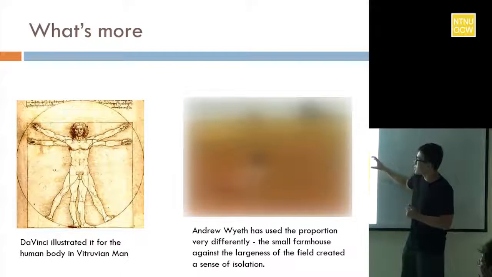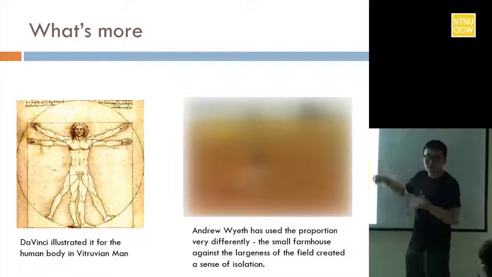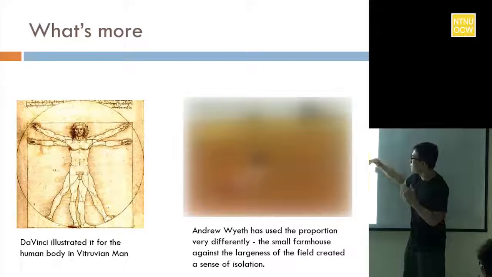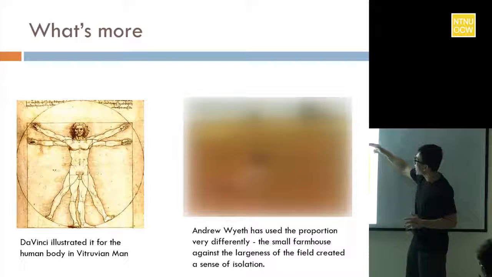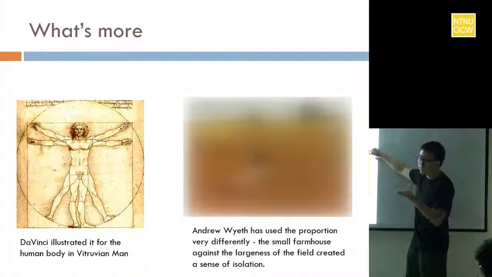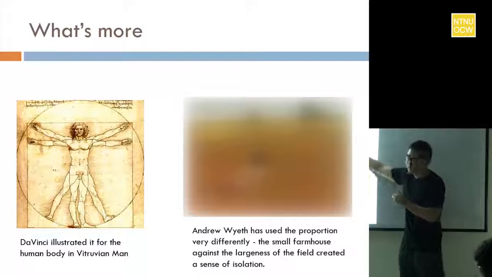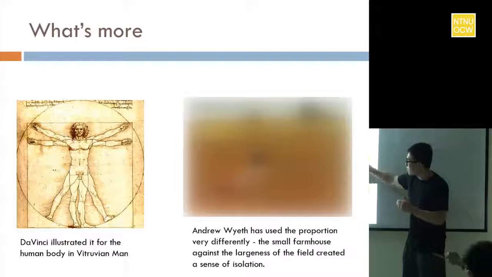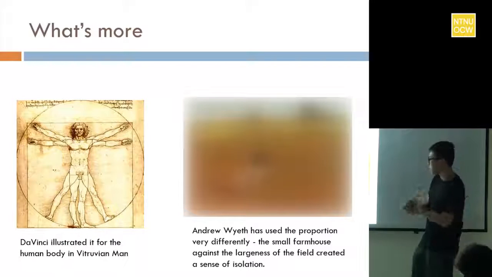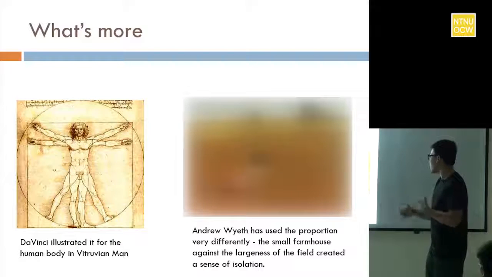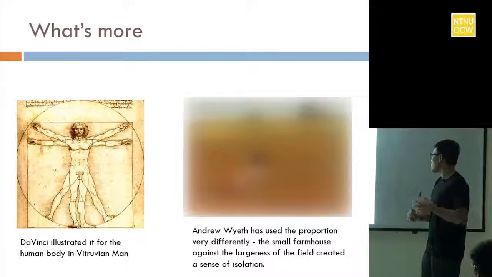And second, we can see the field. This field is in the middle ground, and the house is also less important, so the artist put the house, the object, into the background. Right. So the girl is more detailed. The artist has used proportion very differently.